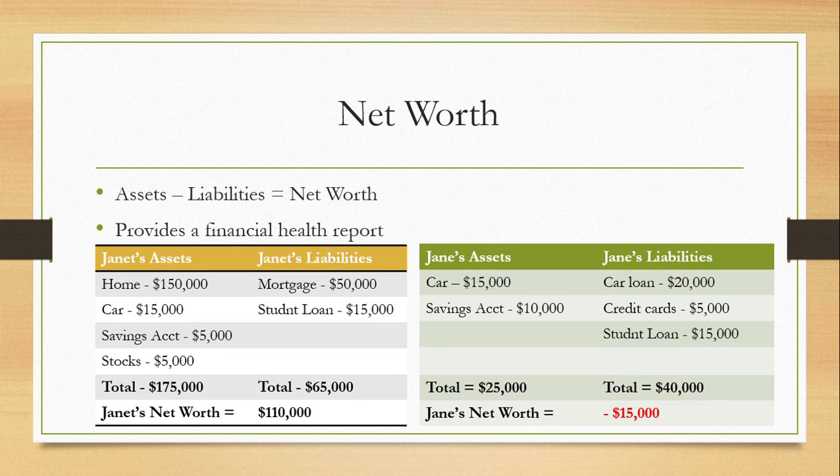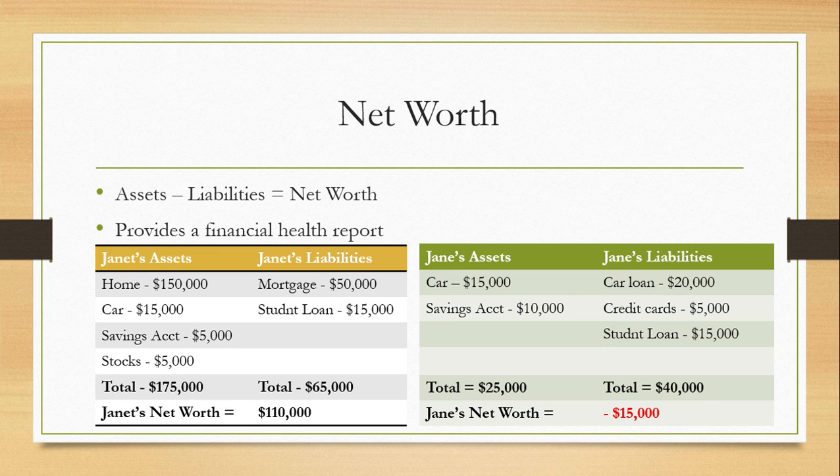She also has $5,000 of credit card debt hanging out, and she too has a student loan at $15,000. So Jane's total assets are about $25,000, but her total liabilities are about $40,000, which means Jane's net worth is actually negative $15,000.